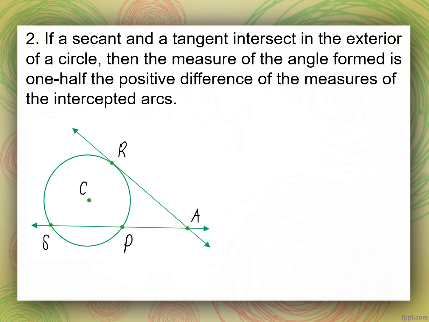So we're looking for, based from the theorem, we can solve for the measure of angle RAS, okay, by getting half the positive difference between the intercepted arcs. So our intercepted arcs here are RS, okay, this one, and RP, okay. Just similar with the previous one.